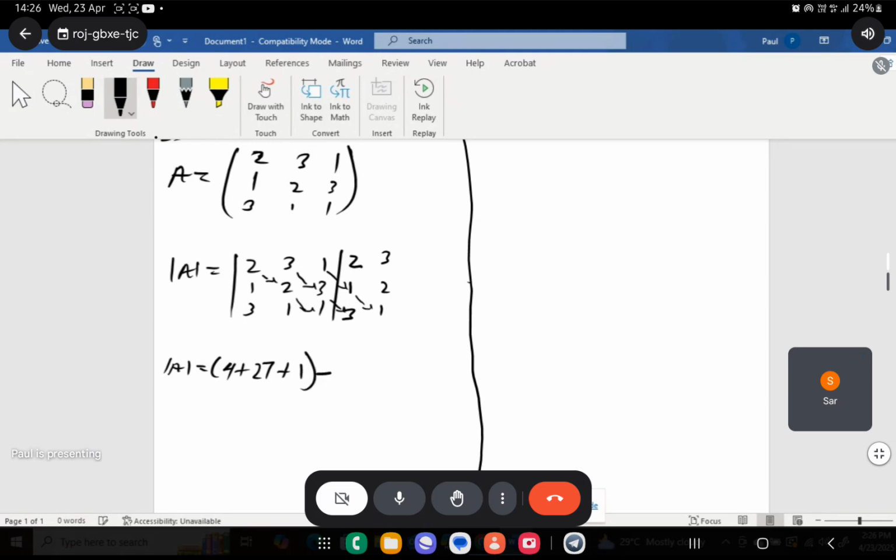Then you do the subtraction. The subtraction is the other diagonal, the opposite of what we just did. So 1 times 2 times 3 is 6, right?